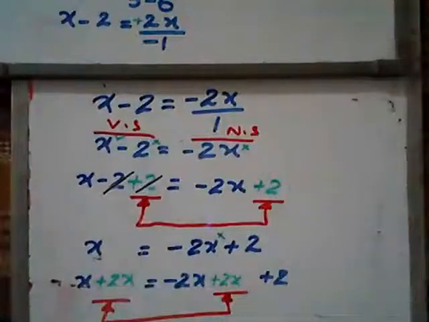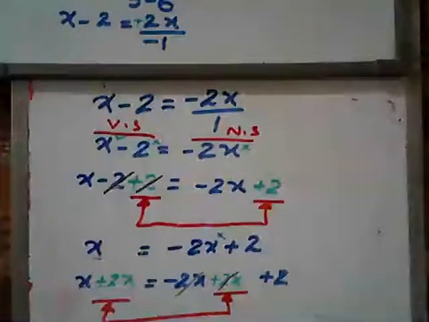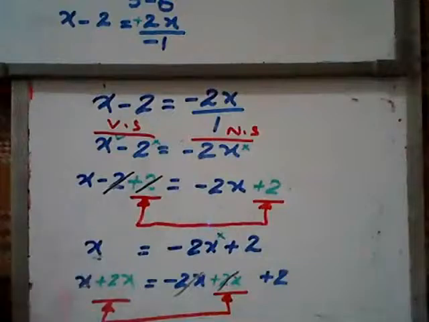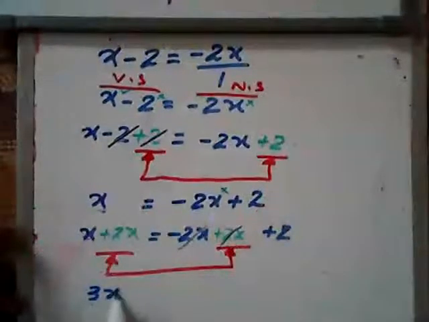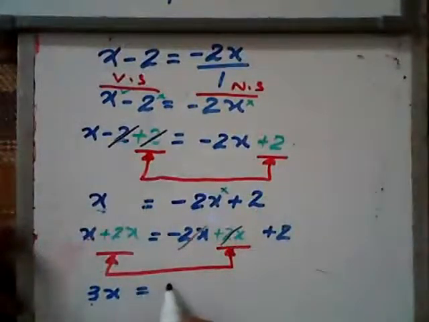Now here it cancels, and here it can be added, because this is x and this is plus 2x. x means 1x. If there is no number, it means this is 1. So 1x plus 2x is 3x, equal to 2.